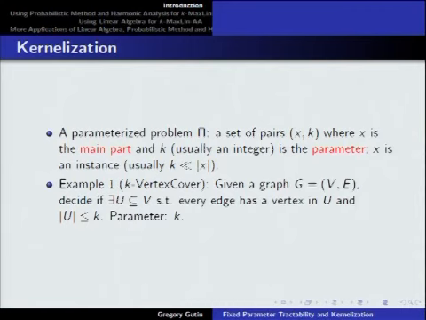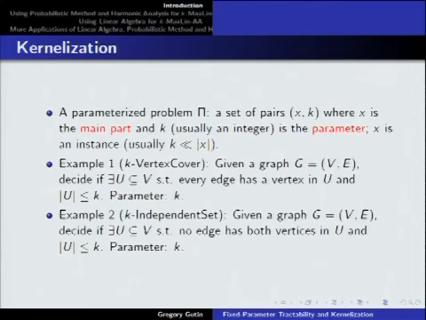So the x here is the graph, right? Yes. G is a graph, and we just want to decide whether there is a small set of vertices which covers every edge, and small means that the size of that set is at most k. Now, the second example is k-independent set.